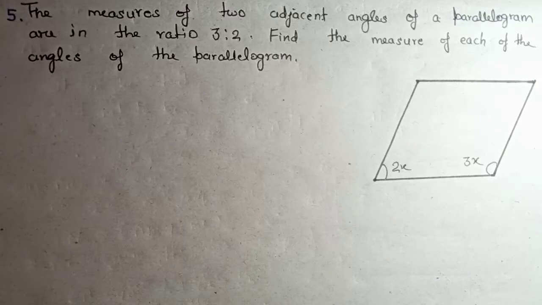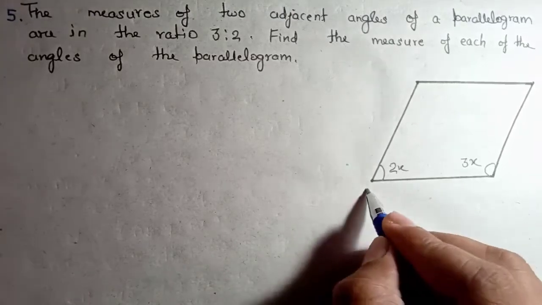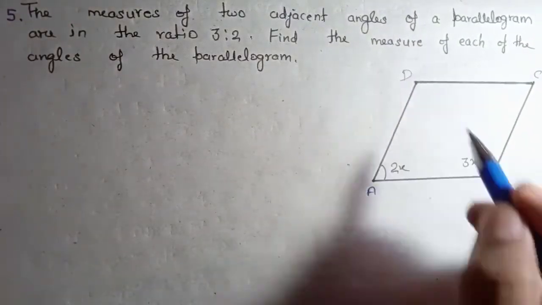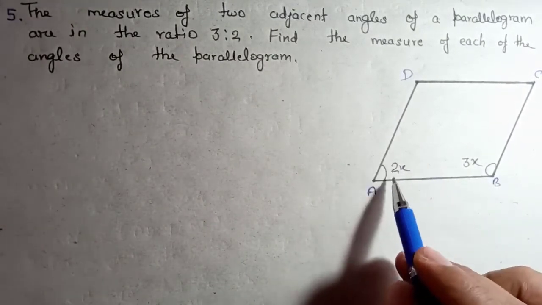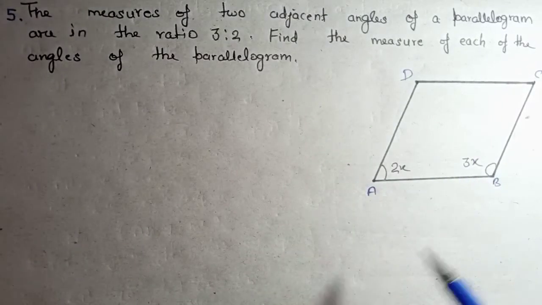Now we have question number 5. The measures of the two adjacent angles of a parallelogram are in the ratio 3:2. So consider this greater angle is 3x and smaller angle is 2x. Now find the measure of each of the angles of the parallelogram.